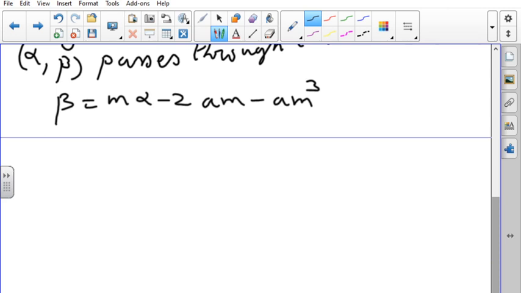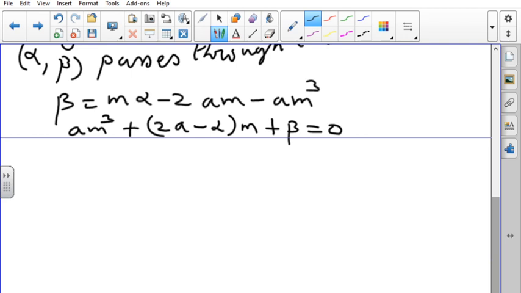Now grouping this and writing in order, it can be written as am cube plus 2a minus alpha into m plus beta is equal to 0. That is, all the terms we have brought to the left hand side and grouped.